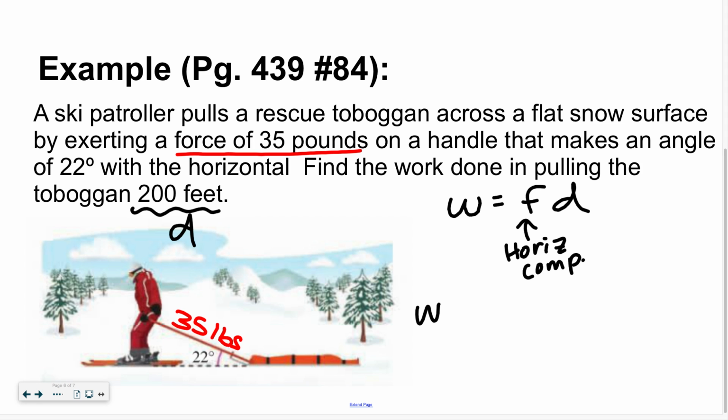So I can say that work is 35, the magnitude, times cosine 22, my horizontal component of force, times my distance. I say distance, you might say displacement. When you're deciding if you're going to use sine or cosine, horizontal is cosine and vertical is sine. And then you just type it into your calculator.